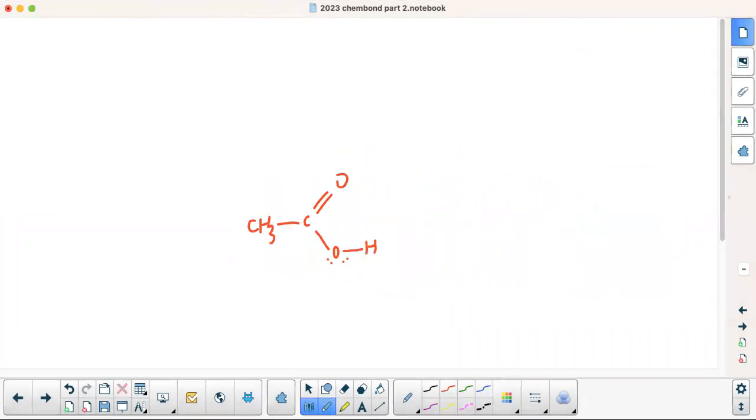So for the other side, the O you draw down. The C double bond O is the other side. Double bond O here, then here OH.